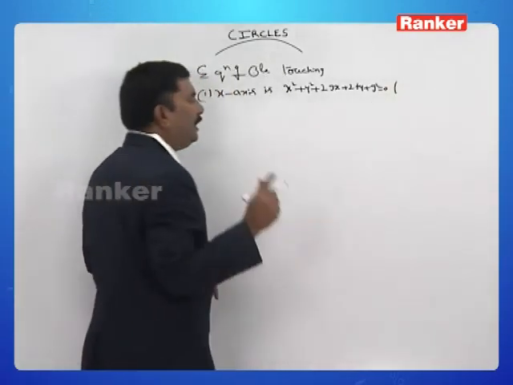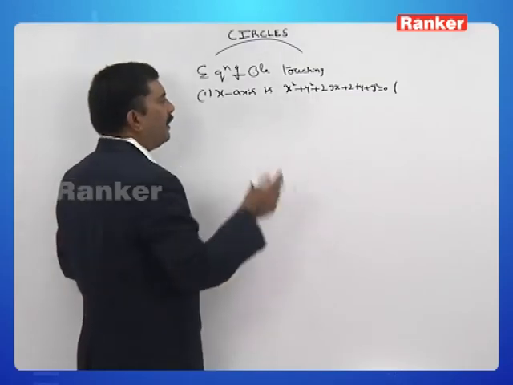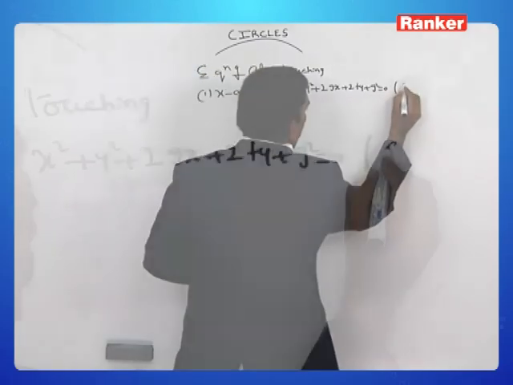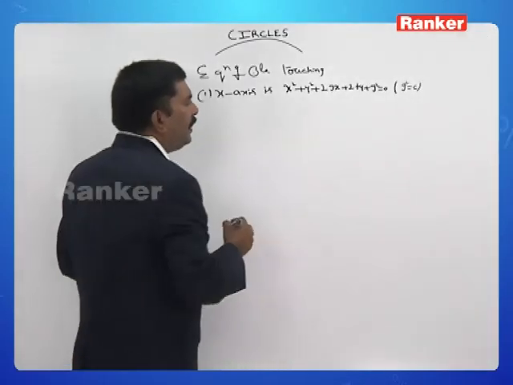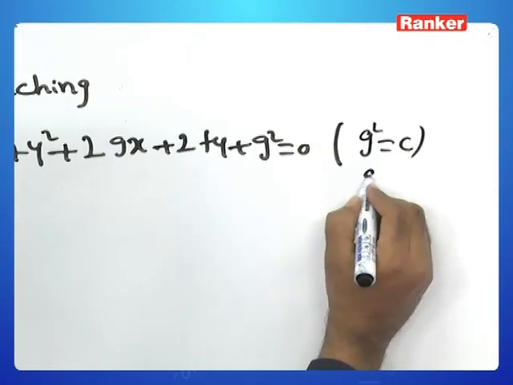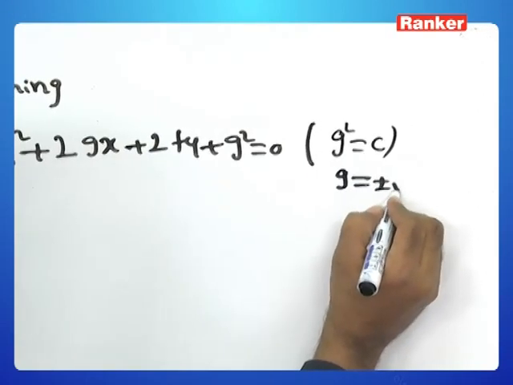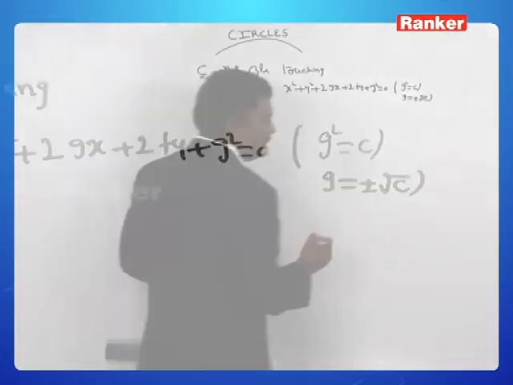Why? When any circle S equal to 0 touches the x-axis, we came to know already that g square is equal to c, right? Or else I can also write g is equal to plus or minus root c, also you can write, right?